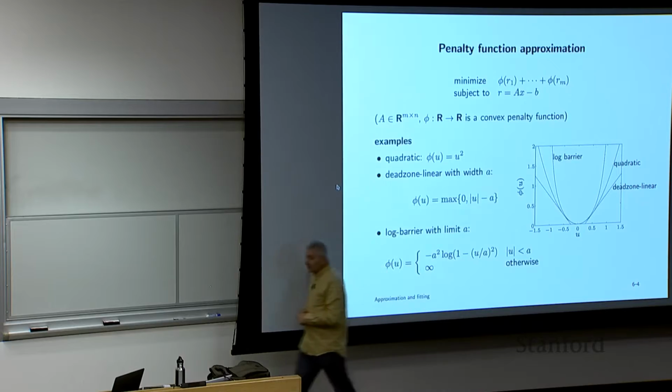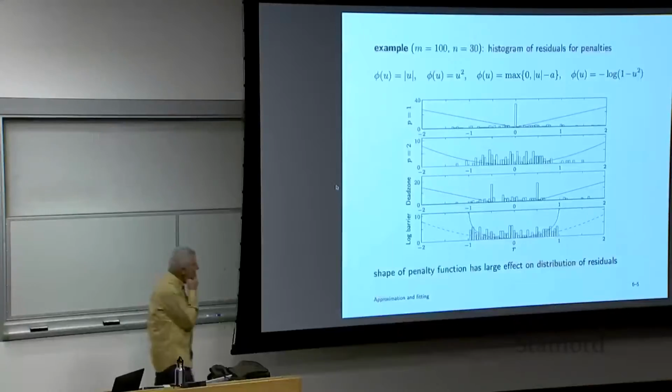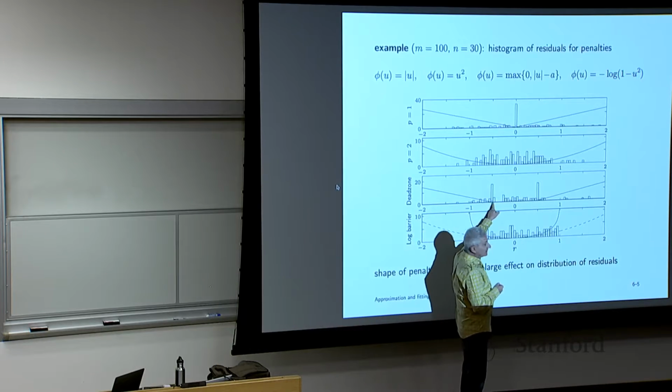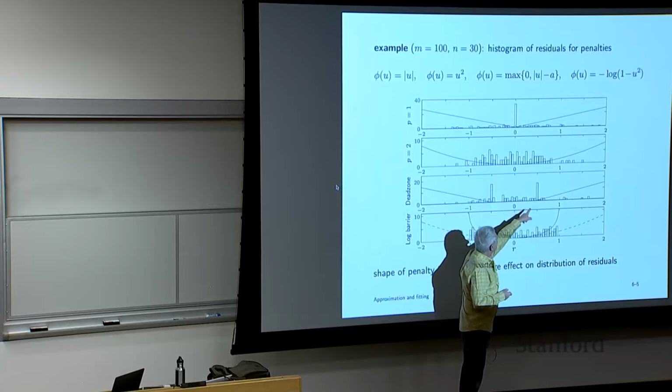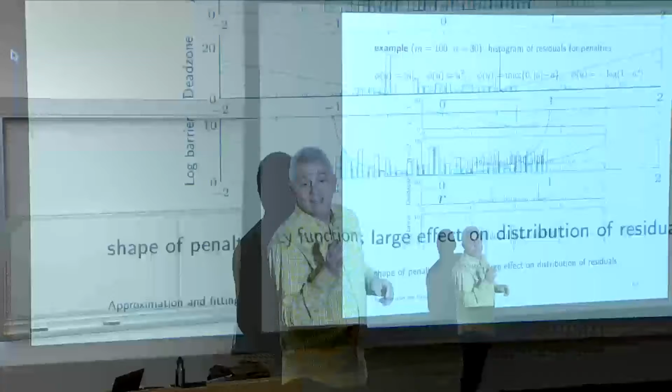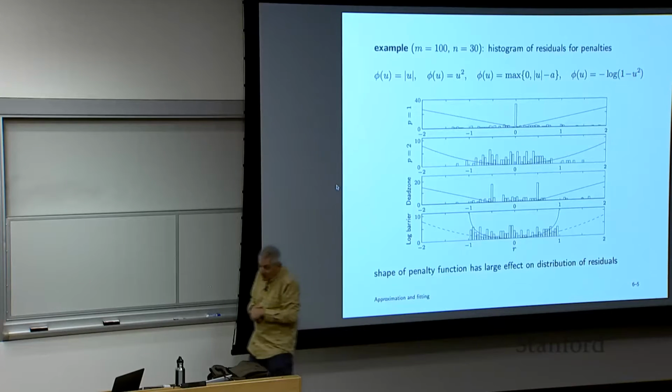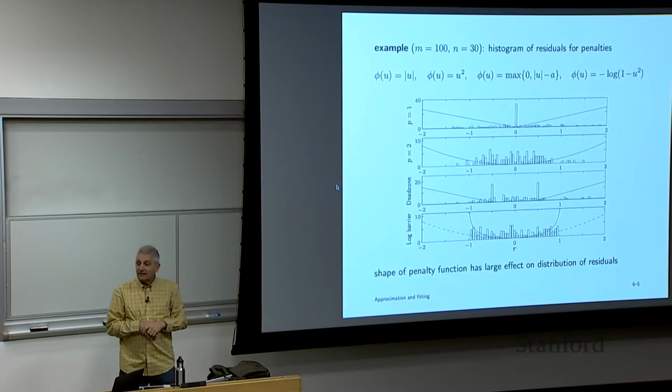And what we observed last time was kind of interesting. It was that when you have a kink here, you find a whole bunch of values right at the kink. Notice that that's also true for the L1 solution as well, right? So the L1 solution says you don't like residuals.